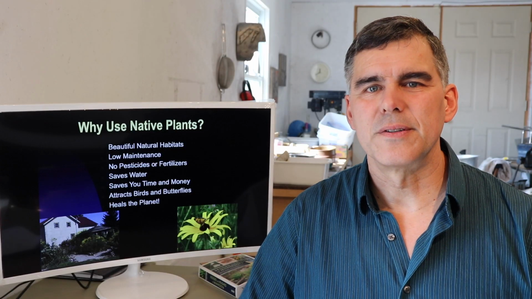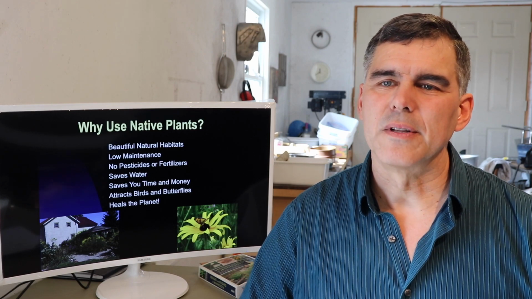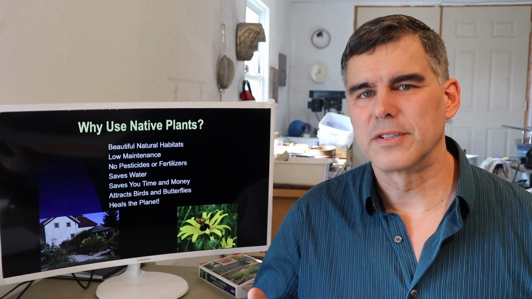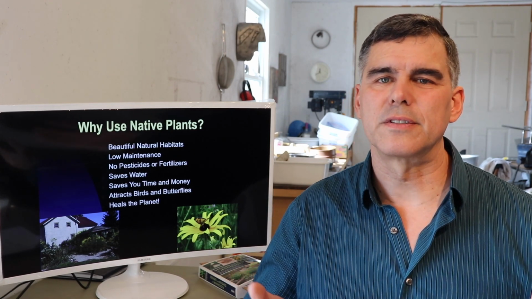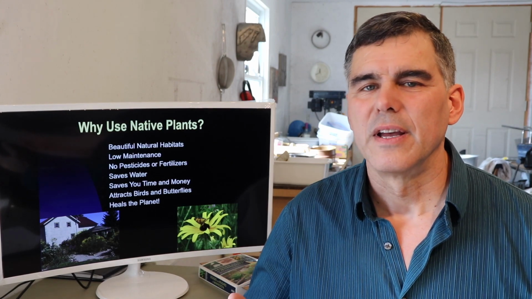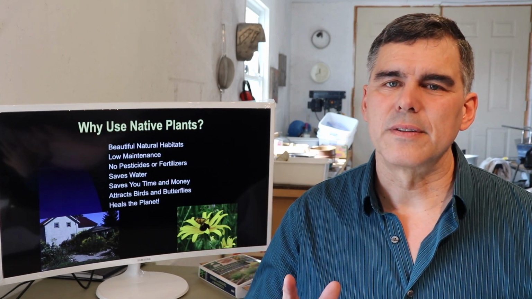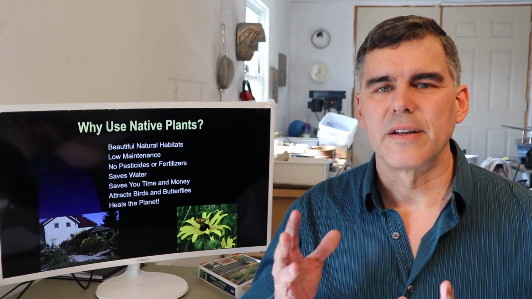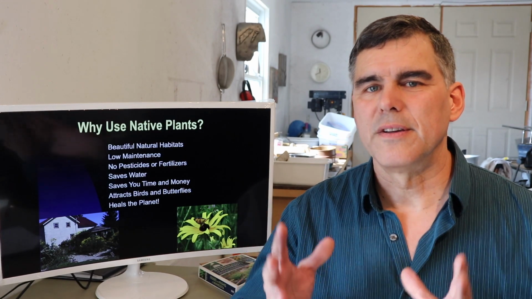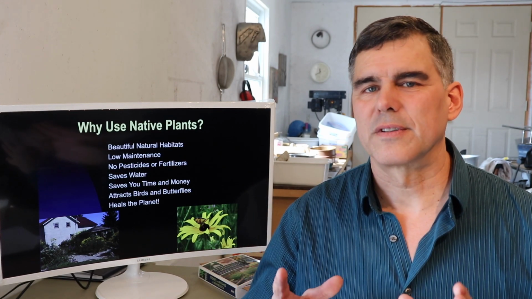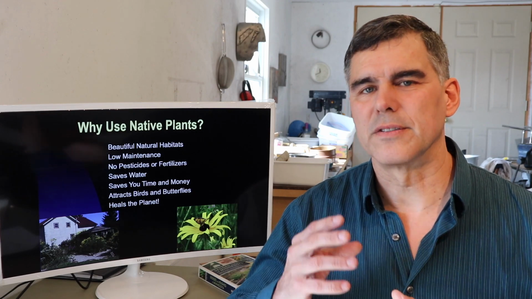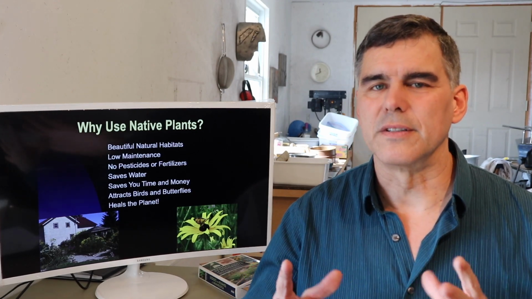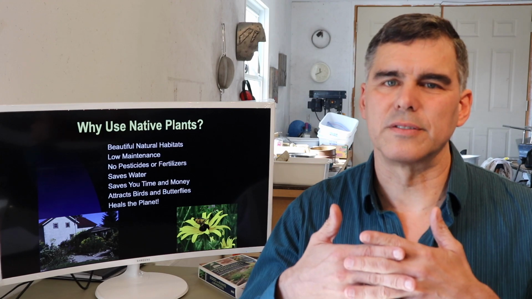So why do we need to use native species? Well, the most important thing is that biodiversity is declining around the world. Study after study is showing that. And so the native species that we have here, and in any habitat that you have, are keyed to the native species, the wildlife, the pollinators, the birds. They're all keyed together. They've co-evolved together for thousands of years.